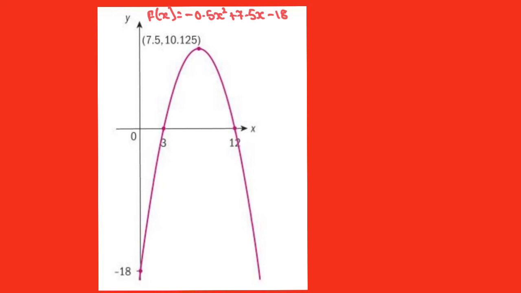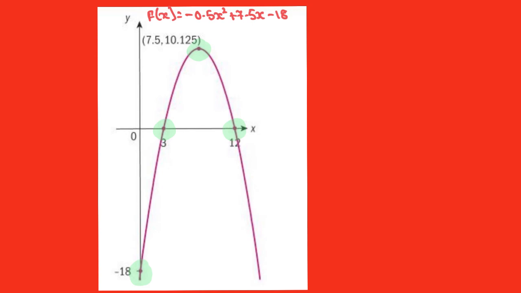Here is a nice sketch of our graph. It clearly shows the y-intercept, which is at (0, -18), the two x-intercepts at (3, 0) and (12, 0), and the vertex is at (7.5, 10.125) to 3 decimal places.